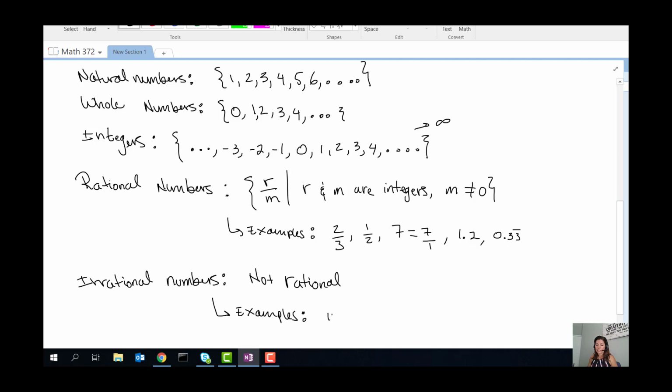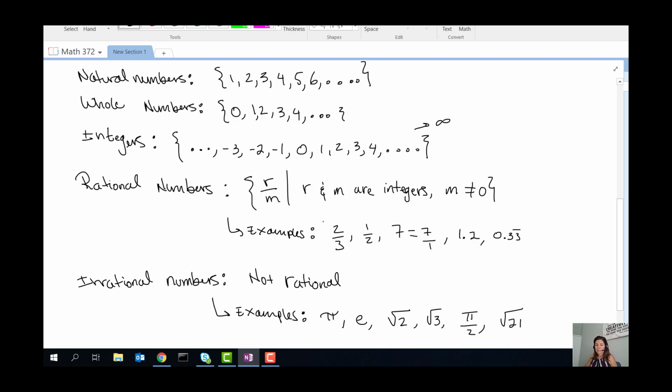The most famous one is pi. So you have pi, you have e, what else? Anything that is a square root that you can't simplify. So square root of 2, square root of 3, pi over 2, anything that already involves an irrational number is considered irrational as well. So the square root of 21, things like that.